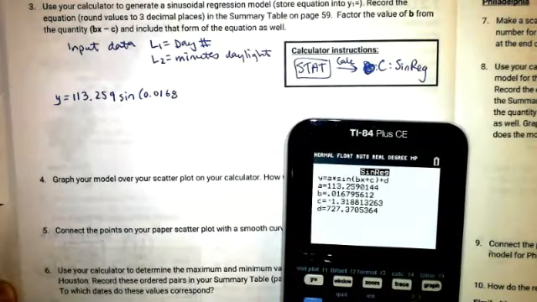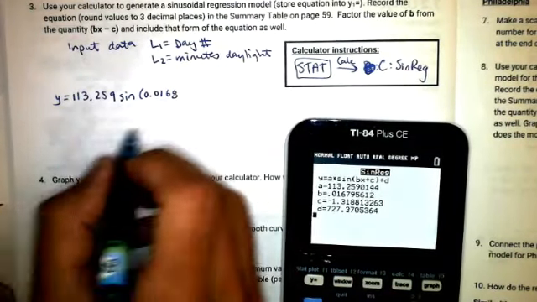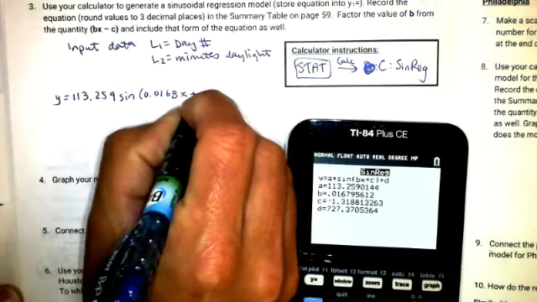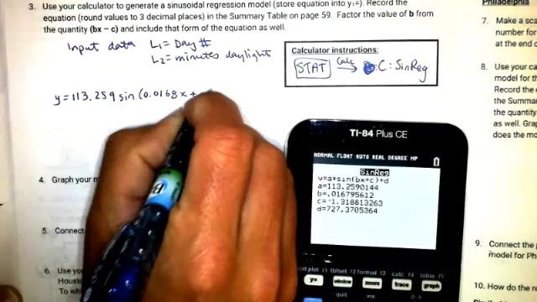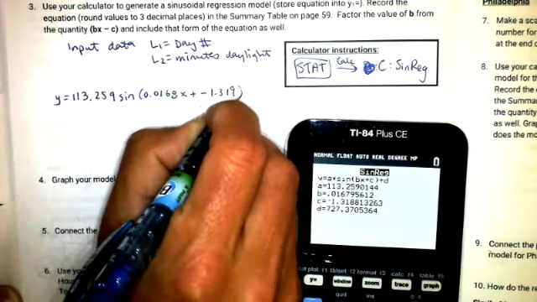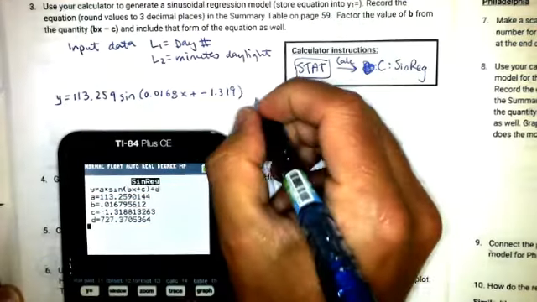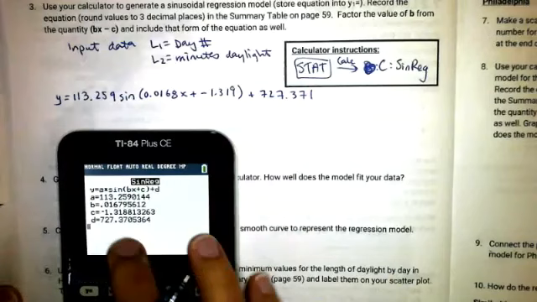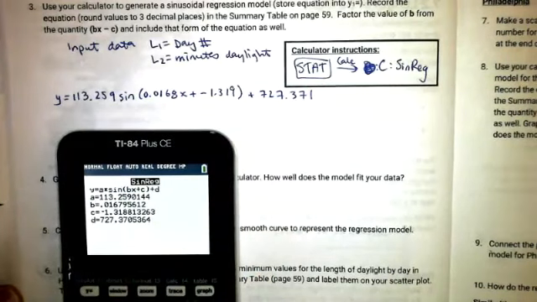And then we multiply that by X, and we're going to add C. C is negative 1.319, and close parentheses, and we're going to add to it D, 727.371, let's round that 0 up to a 1. That's our equation, and we stored that into Y1.